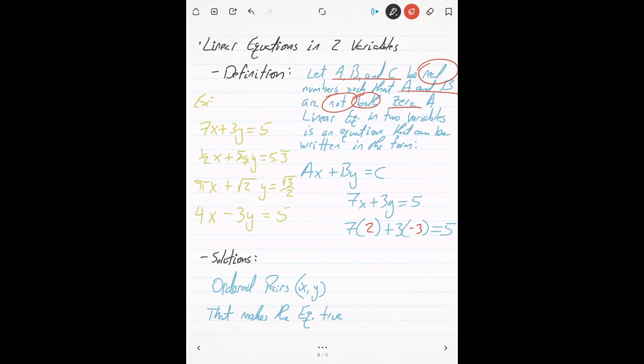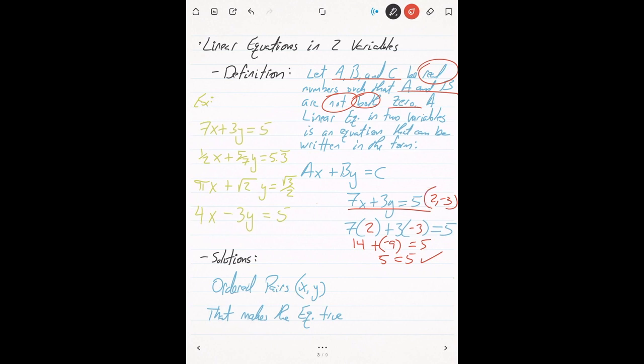Here's what happens. 7 times 2 is 14. 3 times -3 is -9. And the difference between 14 and 9 is, in fact, 5. So it works. So for this equation, (2, -3) is a solution.